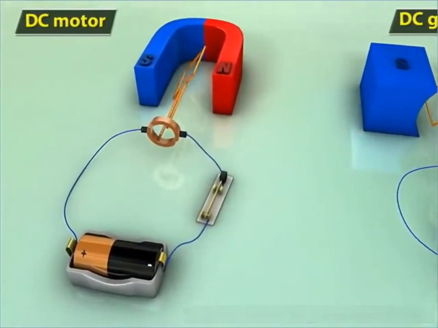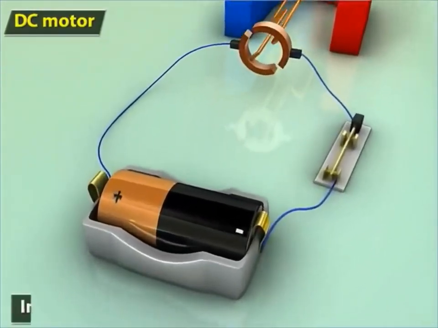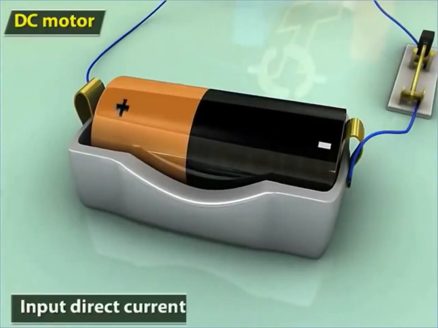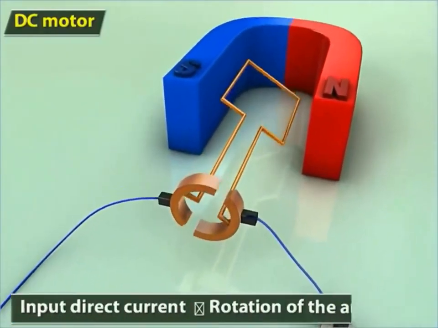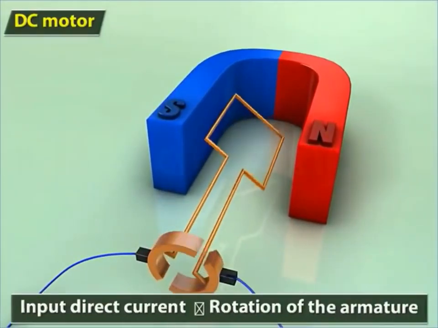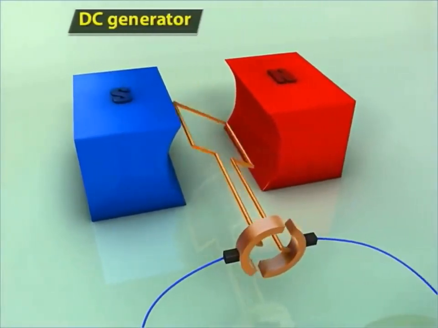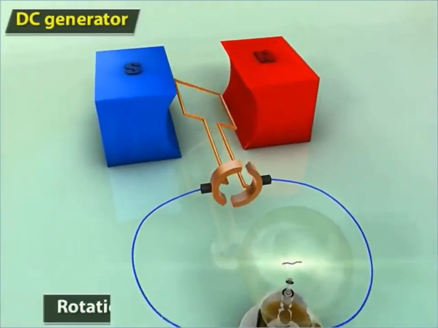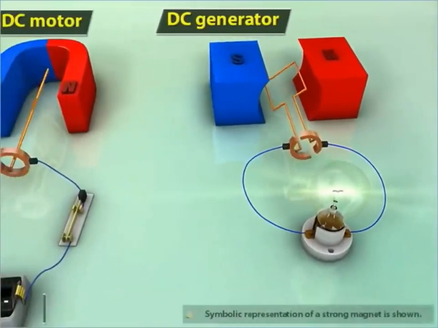Besides, in the case of a DC motor, an input direct current causes the rotation of the armature, whereas in the case of a DC generator, the rotation of the armature results in a DC voltage across the load.